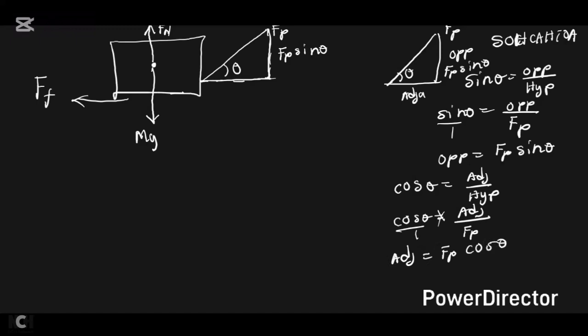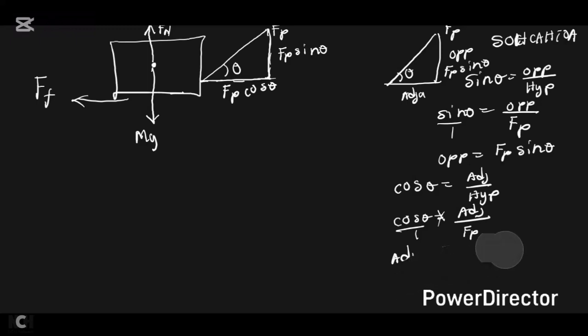So we have the force in the x-axis, which is FP cos theta, and the force in the y-axis, which is FP sin theta. From there, let's arrange all the forces acting on that object.